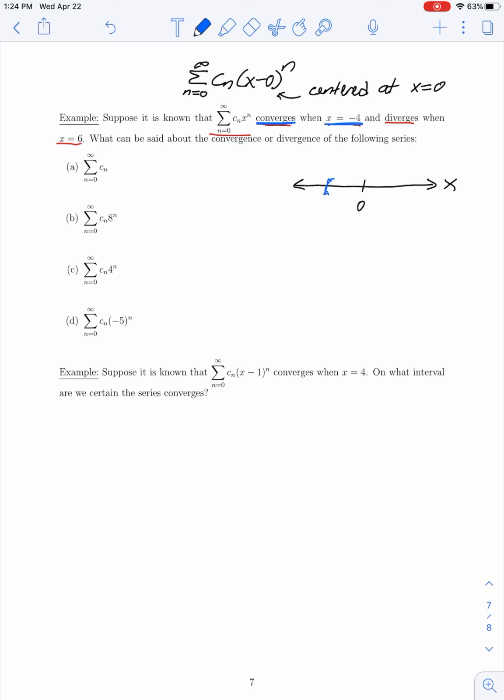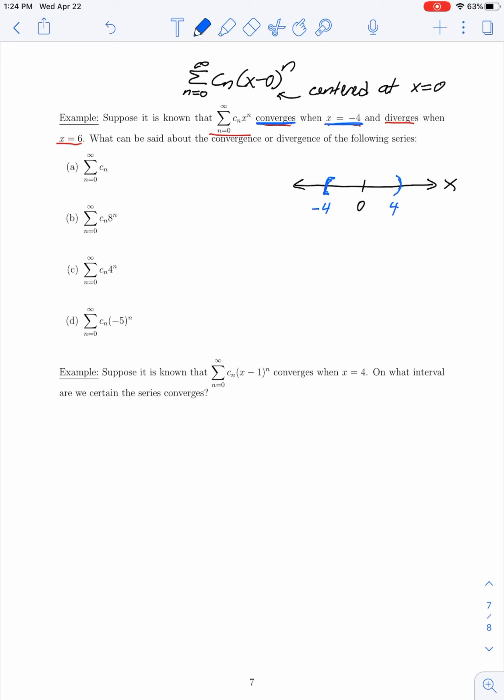So at x equals negative 4, I know that that value is going to be contained within my interval of convergence. And since we're centered at 0, if I know I can move 4 units to the left of 0 and have convergence, I know that I can move at least 4 units to the right of 0 and still have convergence.